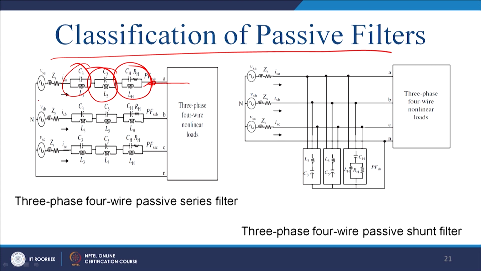So, only the fundamental current will flow and others will be blocked, and similarly this one for the other phases, and this one will have a neutral aspect of it. This is a way of connecting a 3-phase 4-wire system with the passive.